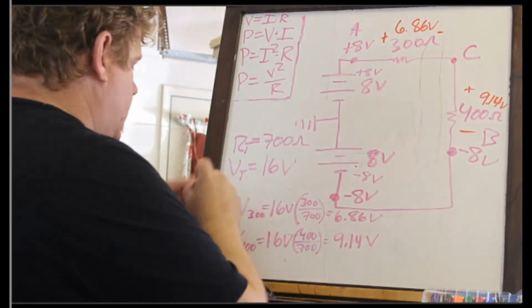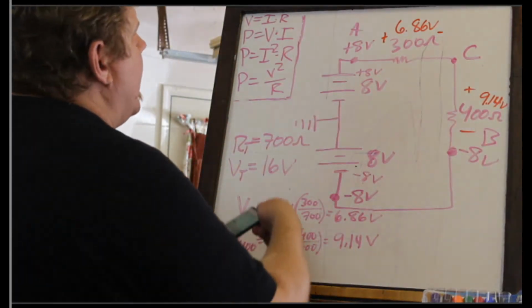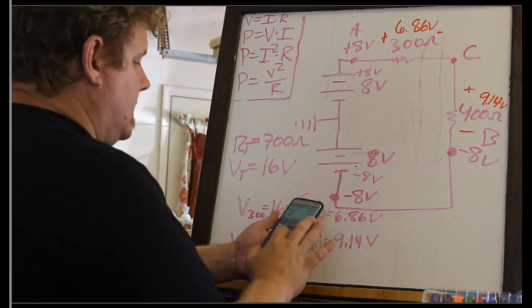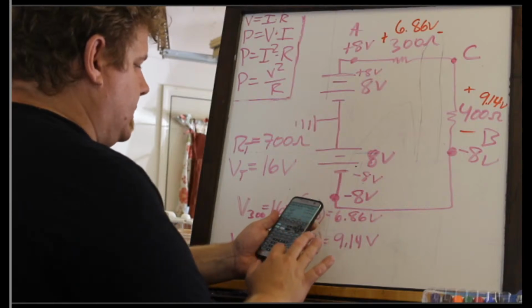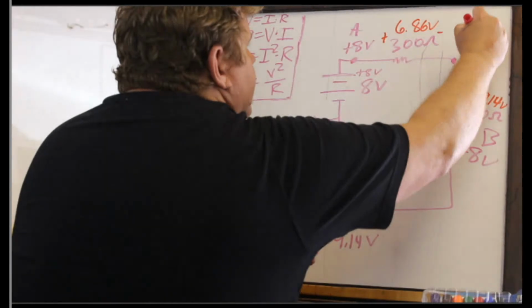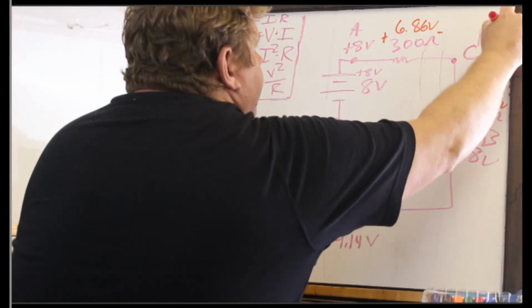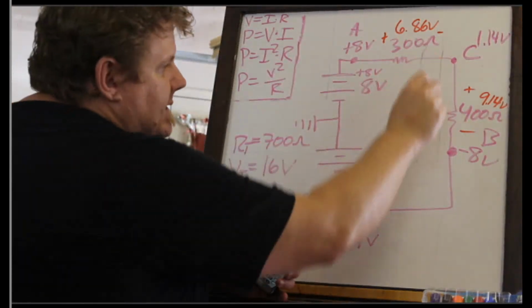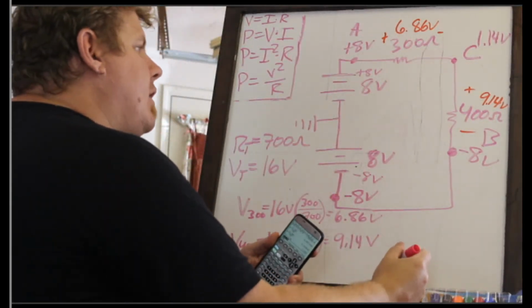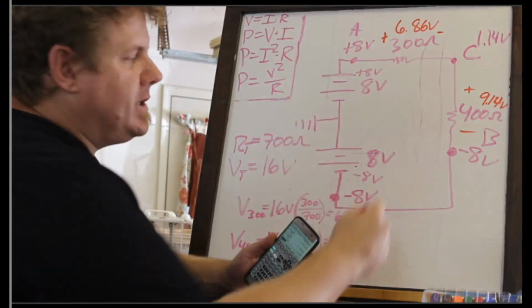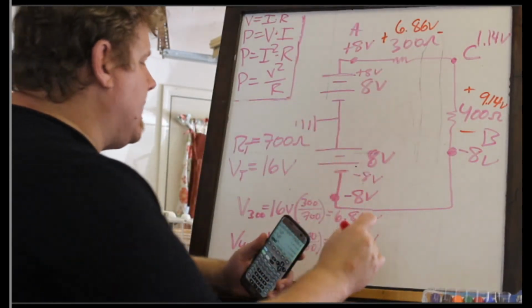Okay. So I have positive 8 volts here. I subtract 8 minus 6.86 volts. And I have 1.14 volts. So this node voltage is 1.14 volts. Okay? Now look at the voltage drop across this resistor. I always go from the high potential to the low potential. Positive is always higher potential than low potential. Okay? But look at my equation here.